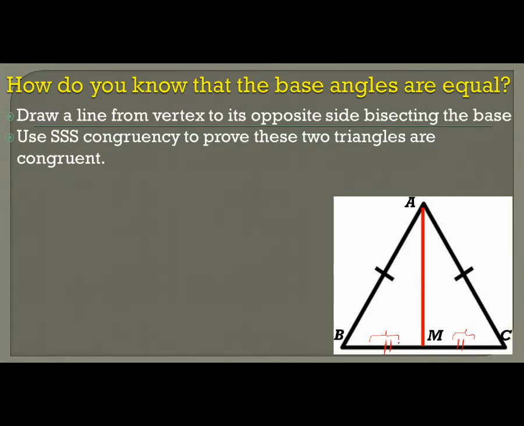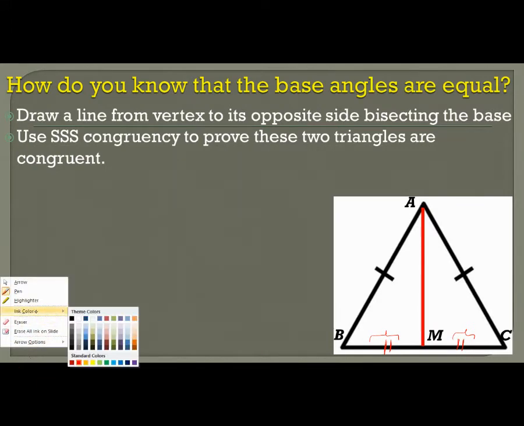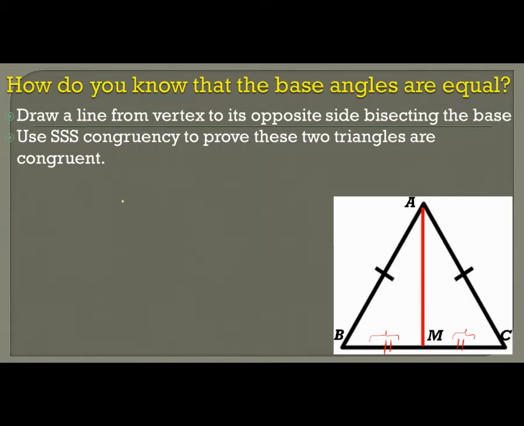Now from here onwards it's easy. In triangle ABM and triangle AMC, I see that AB equals AC. How do we know?